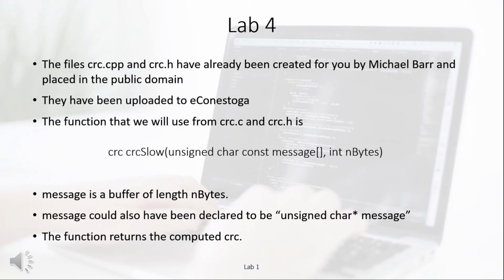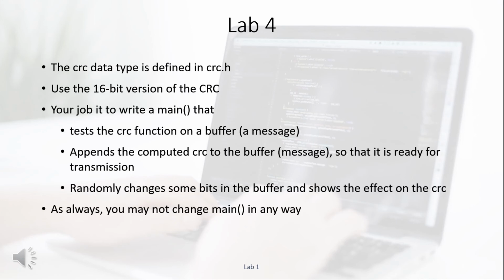So this is how many bytes are in message. The function returns the computed CRC value. The data type CRC is defined in CRC.h. When we compute the CRC, please use the 16-bit version of the CRC.